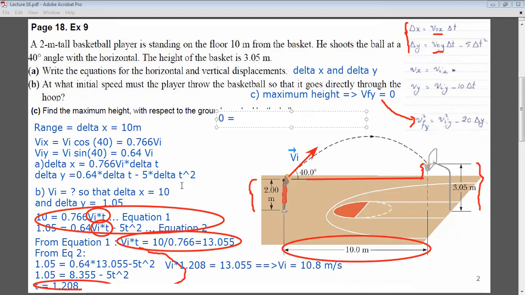What is V initial Y? Here, V initial Y is 0.64 times V initial, which, now I know it from the previous part, it's 10.8 squared.